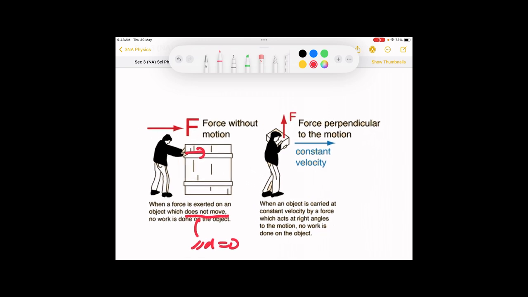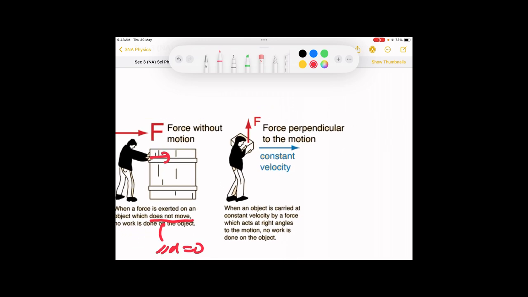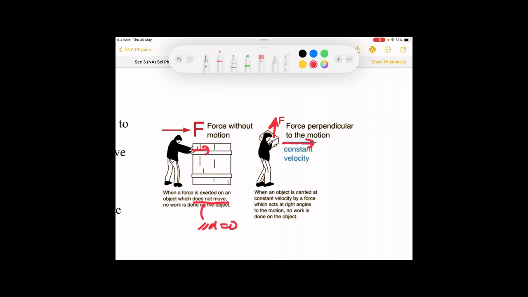The second case is a bit more peculiar. The force is acting upwards, but the object is moving to the right. There is a force applied, but no distance traveled in the direction of the force. The direction is different, therefore there is no work done in this case as well.